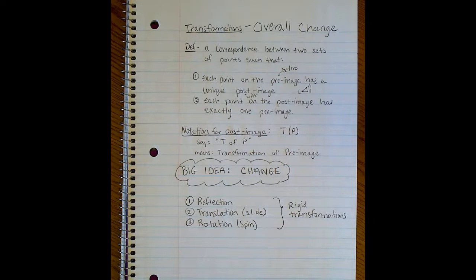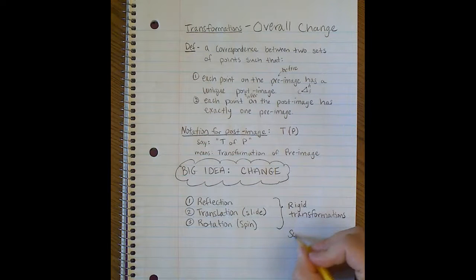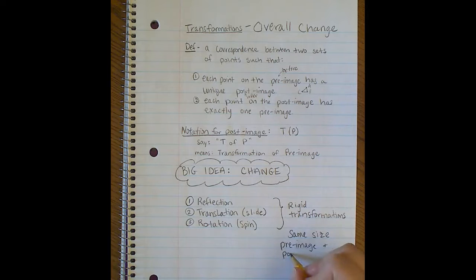We're just only going to change the way that it's facing. So same size for pre-image and post-image, or if it's easier for you, you could write no size changes in this unit.